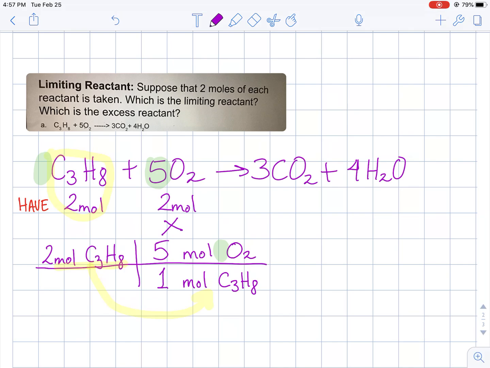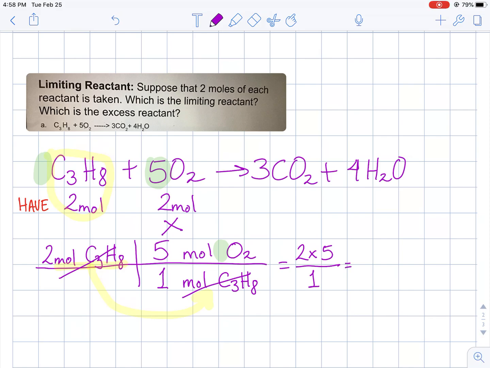Now we are ready to cancel the units. Moles of C3H8 cancel with moles of C3H8. And then we're ready to multiply. So we're going to just multiply everything at the top, 2 times 5, and then everything at the bottom, in this case, is just 1.